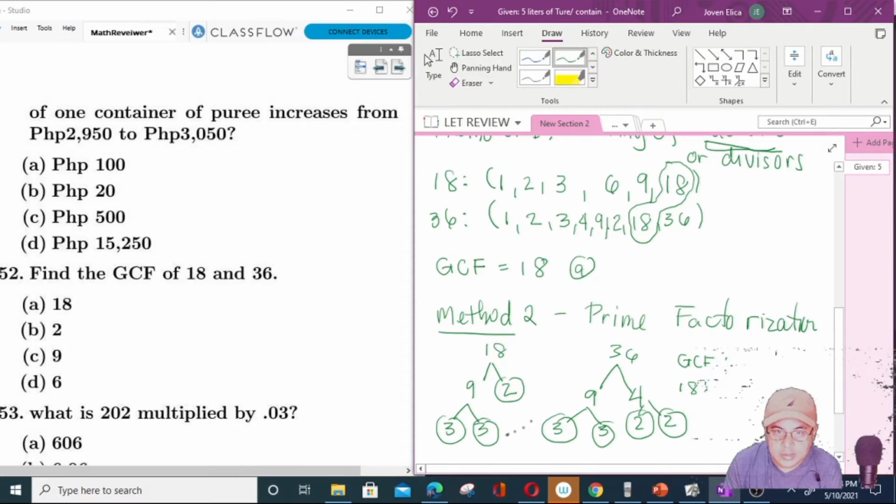So for 18, we just have to write the factors 2 and 3 squared. 2 and 3 squared. And 36, 36 is 2.